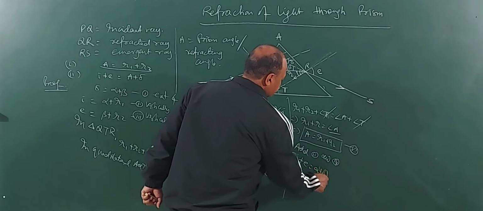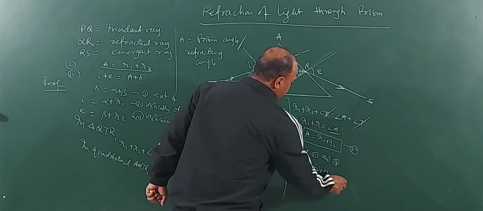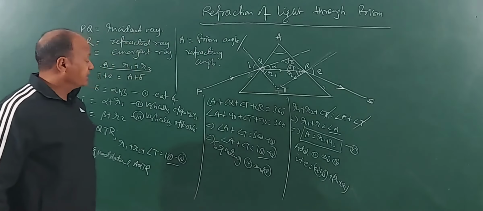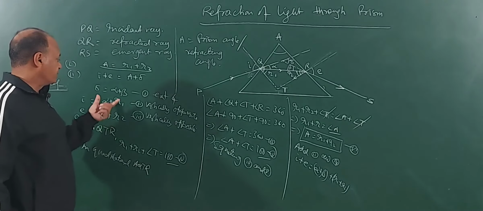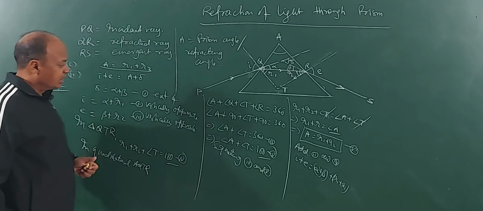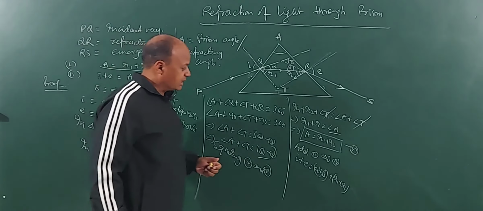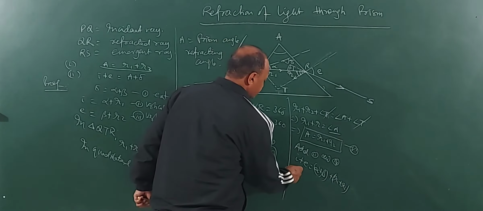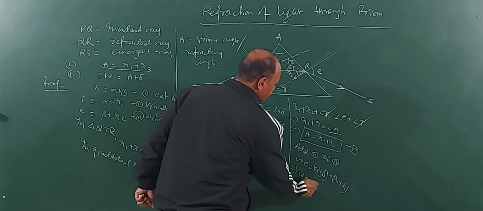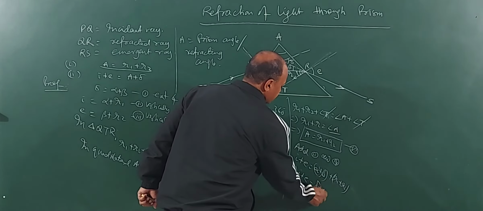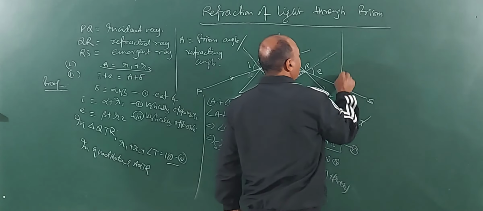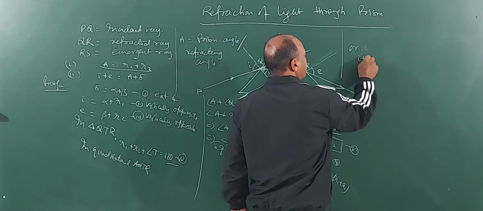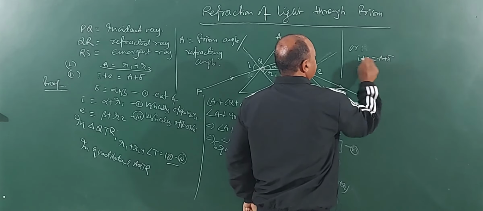Alpha plus beta plus R1 plus R2. Children, we know already that alpha plus beta is equal to how much? Delta. And we just now proved that R1 plus R2 is equal to A. So, we can say here, this implies that I plus E is equal to A plus delta.